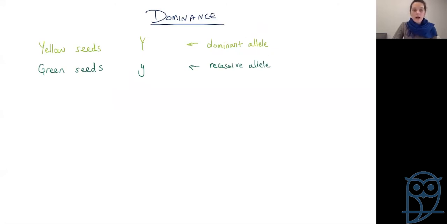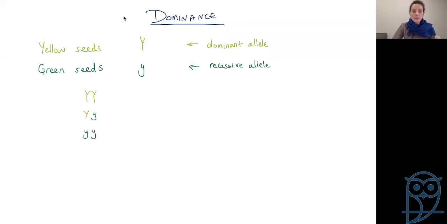So what are the different genotypes that we could have? For pea plants, we could have two capital Ys, we could have a capital Y with a little y, and we could have two little ys.